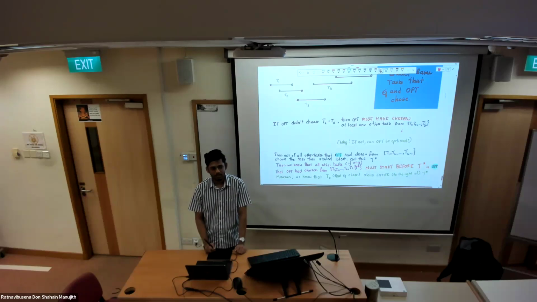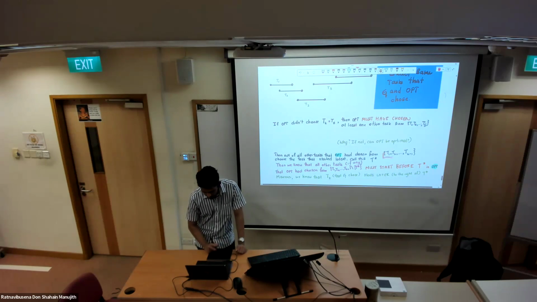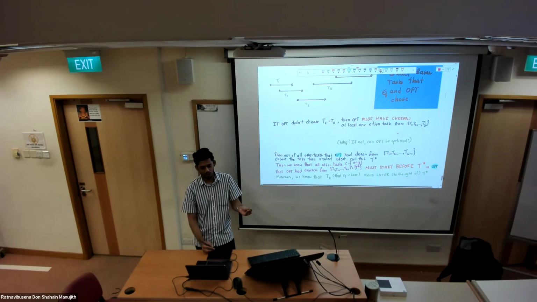Because of compatibility. We have this subset T1 until Tk minus 1, and T star is the one that starts the latest among whatever OPT chose from that. Then the remaining activities must start before T star.